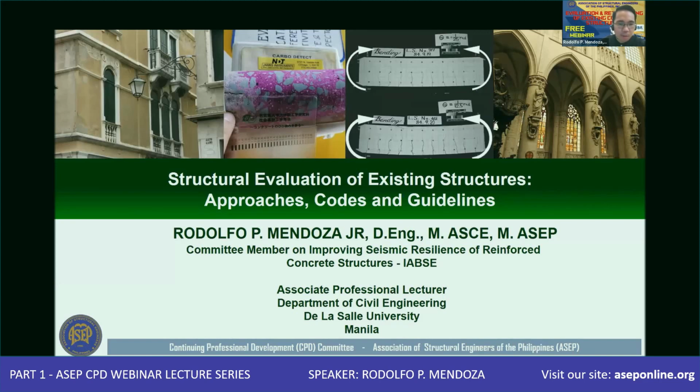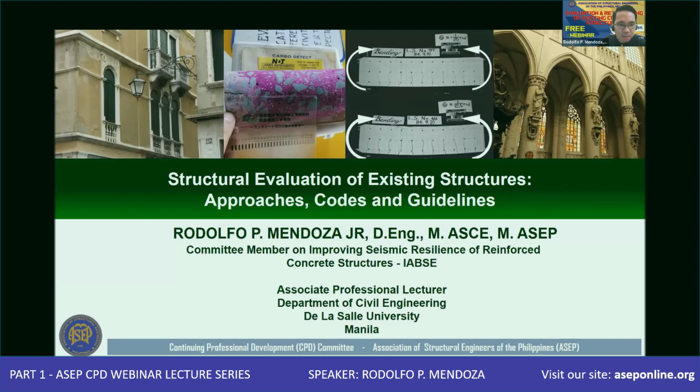You must be competent enough in understanding what the risks of using this method are, because as you may see in the example that I've shown, there are several assumptions that you need to make in doing a nonlinear analysis, from the selection of material models of concrete and steel. There's already a huge variation, because there are several models that you can use for modeling concrete and steel.